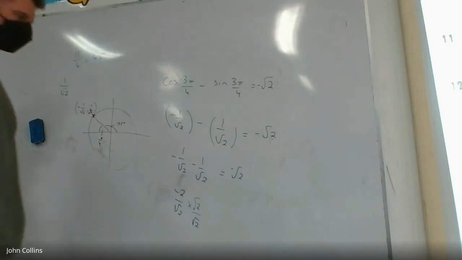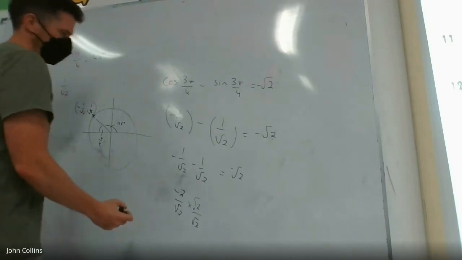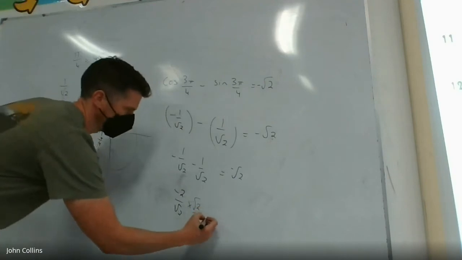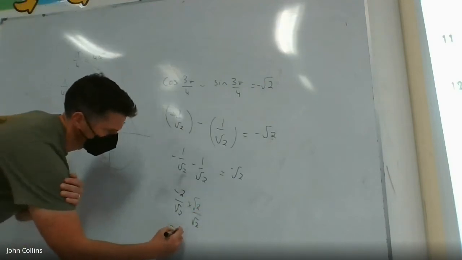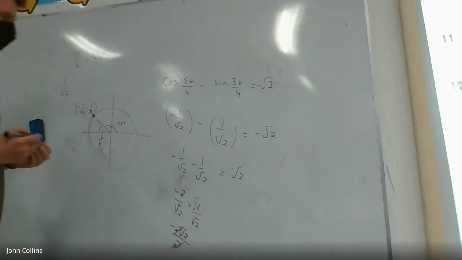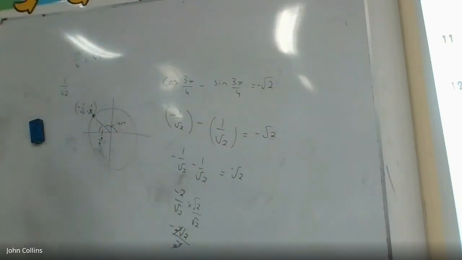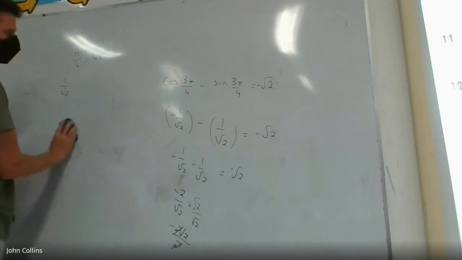Rationalize the denominator, which of course you remember from your work with surds. So that gives, running out of space, minus 2 root 2 all over 2. And the 2's cancel. Root 2 times root 2 is 2. So the 2's cancel and you're left with minus root 2, which is what you want. So maybe it was the third thing that caused difficulties.